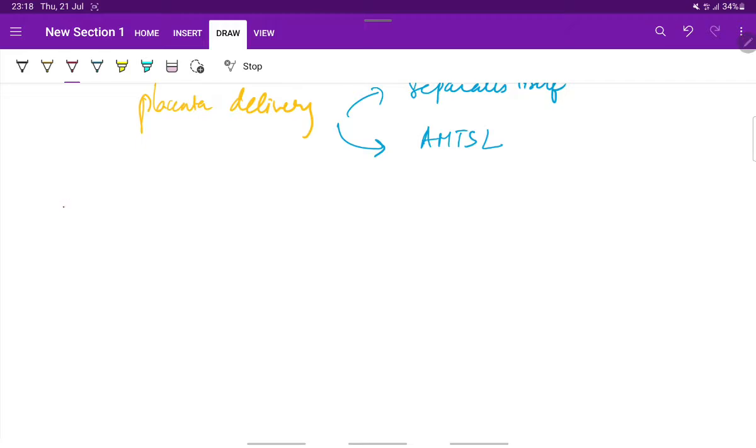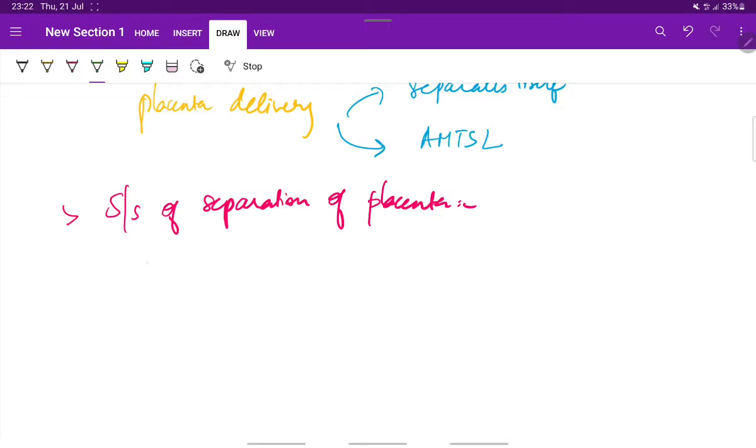First, let's see the signs and symptoms of separation of the placenta. The signs and symptoms would be pain associated with uterine contractions.